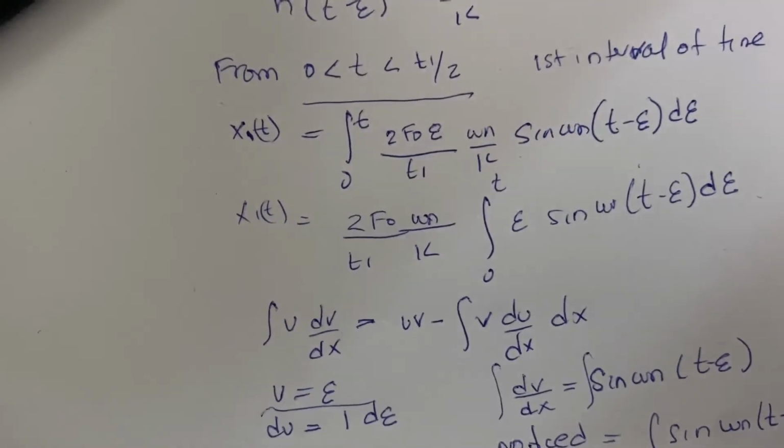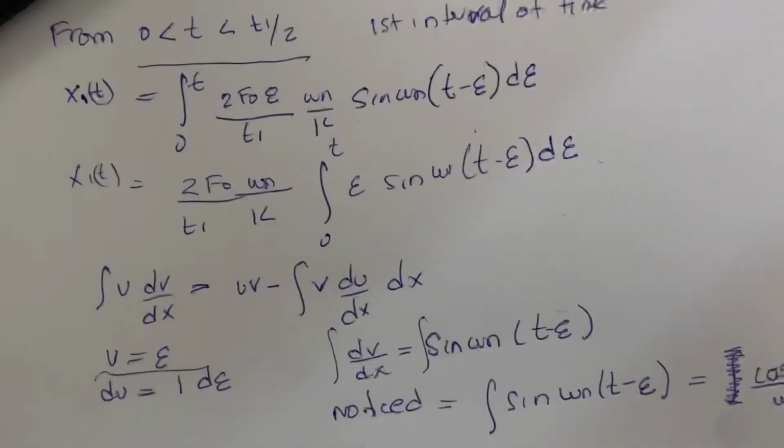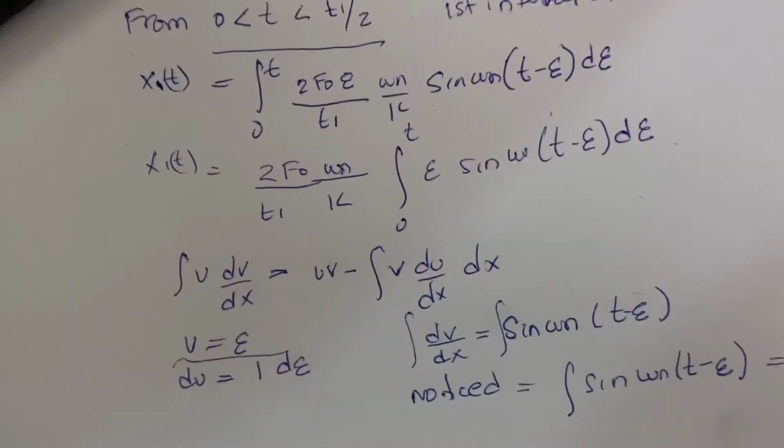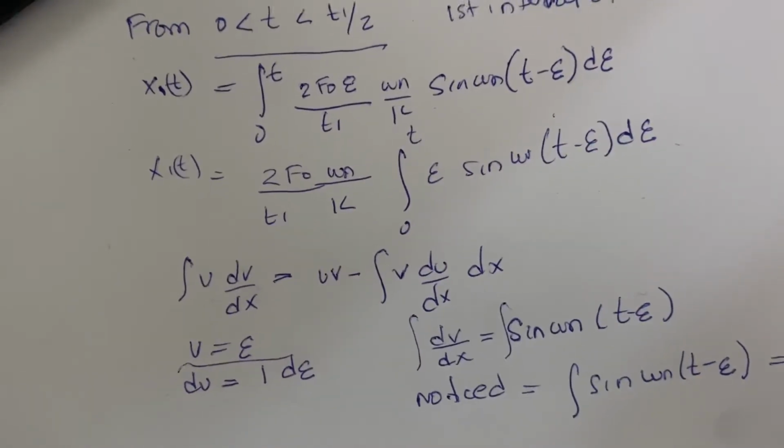And be aware that this comes from using the u substitution, which is why we get a positive cosine. So let me just write it over here.